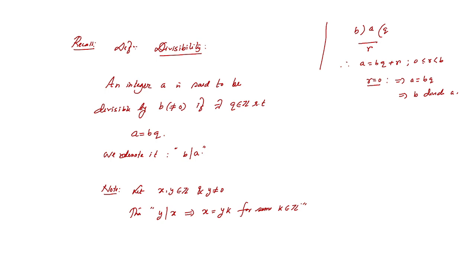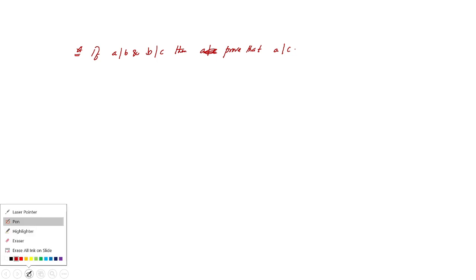Now we come to some important questions. The question is: if a divides b and b divides c, then prove that a divides c. How do we prove this kind of question?